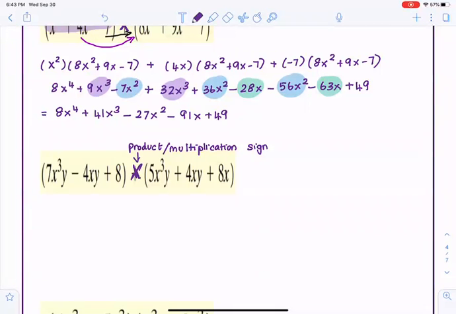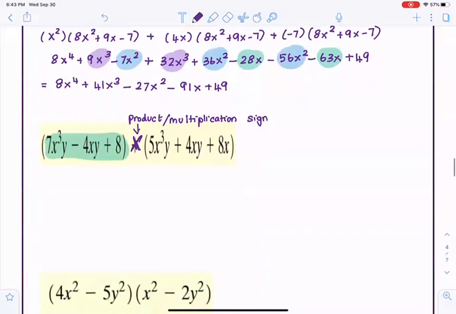Okay, so same process. I'm going to take the first factor, which is a trinomial, which is right here. And I'm going to take each of its terms and distribute it in the other polynomial that I have.